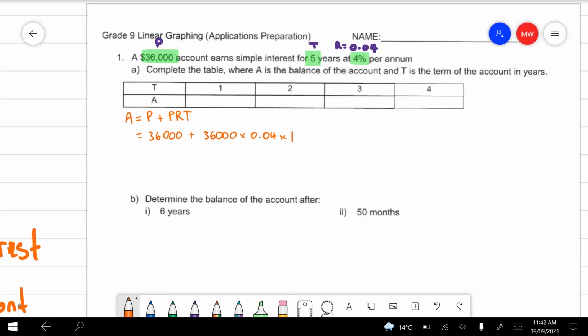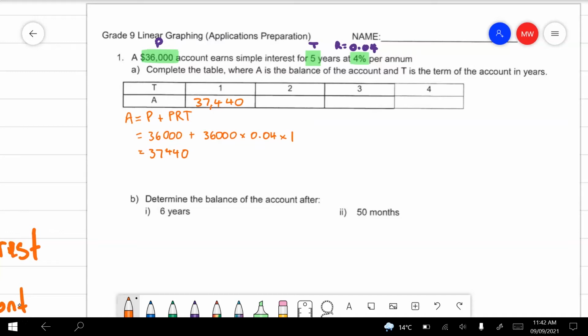Even though it's invested over 5 years, we only want the answer to the first one. I'll put that in our calculator, and we'll get $37,440. We can run it again.